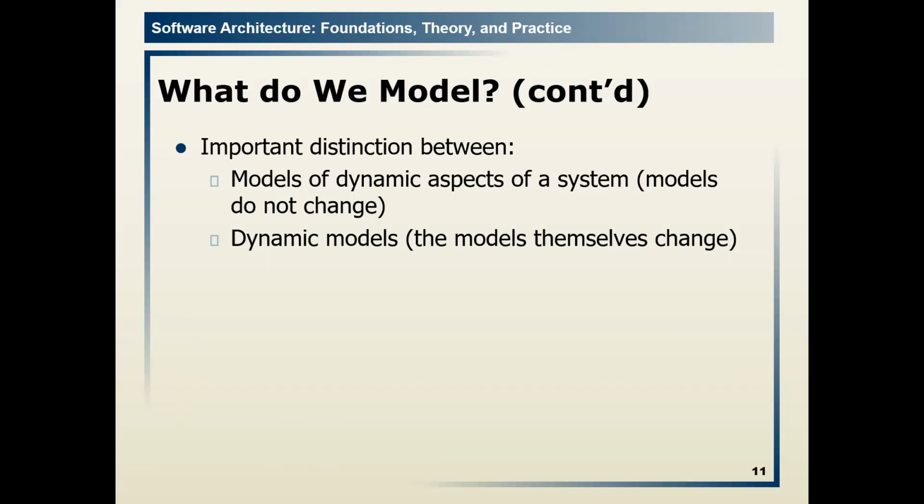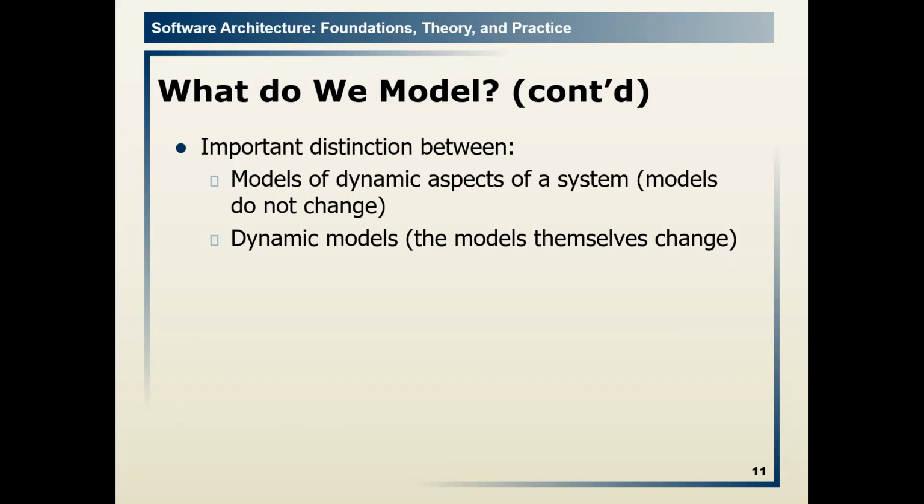Then the other thing is the dynamic models. Dynamic models are models that are themselves changing. So it's like a simulation software. If you're simulating what is happening in your software, then it becomes a dynamic model.